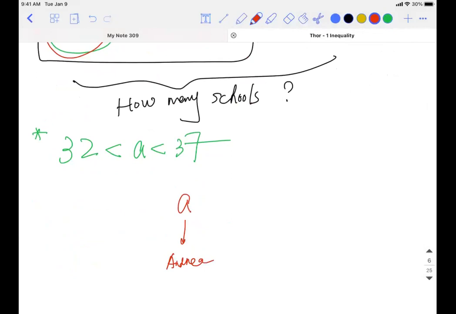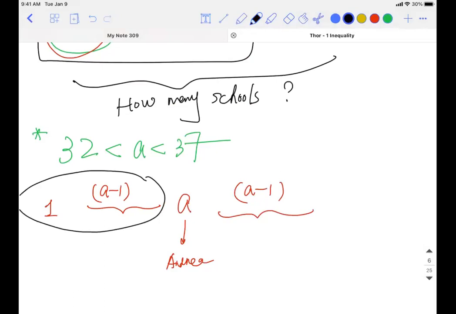So that being said, there will be A-1 people in front of her and A-1 people behind her. Because you're always going to start with 1, you cannot start with 0, you can always start 1, 2, 3, all the way to A. So there will be A-1 people in front of her, with a higher score than her, and A-1 people behind her.